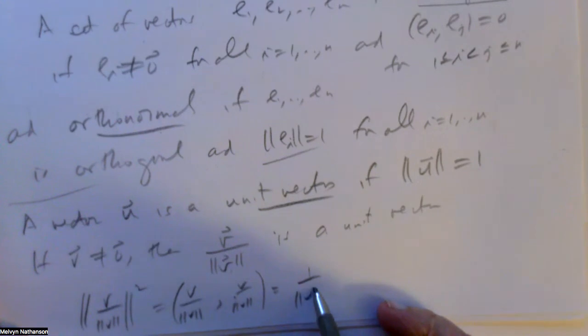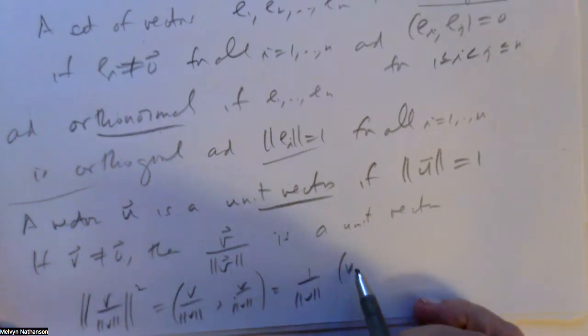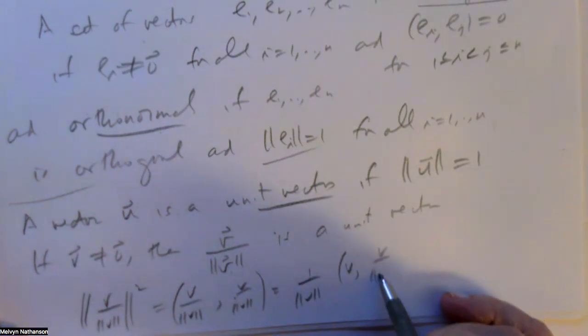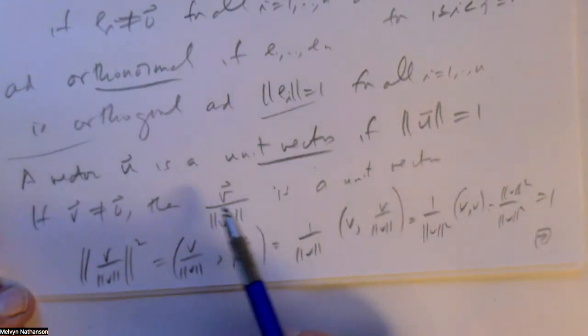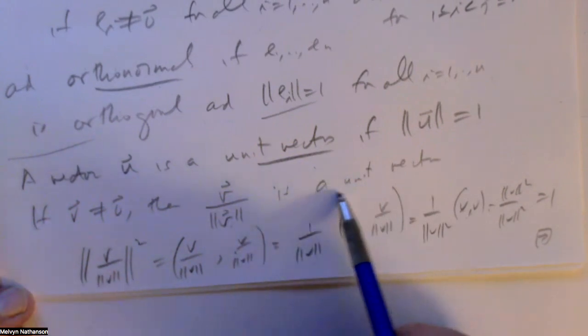This is 1 over the length of V, times the inner product of V and V over the length of V. But I can take this scalar 1 over the length of V outside. That gives me 1 over the length of V squared, times the inner product of V with V. But this is just the length of V squared over the length of V squared, which is 1. So any non-zero vector divided by its length is a unit vector.